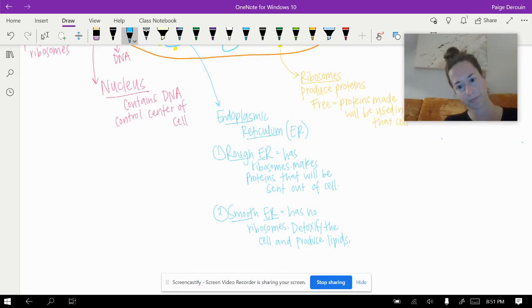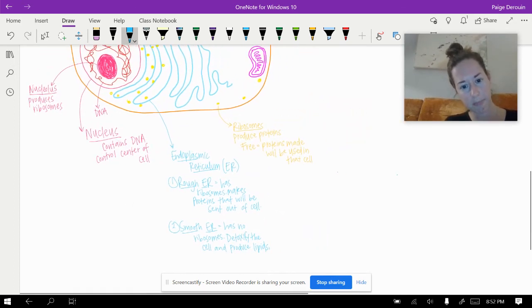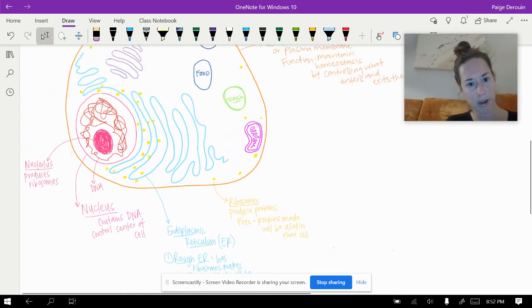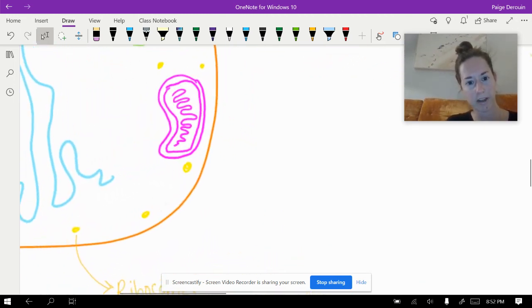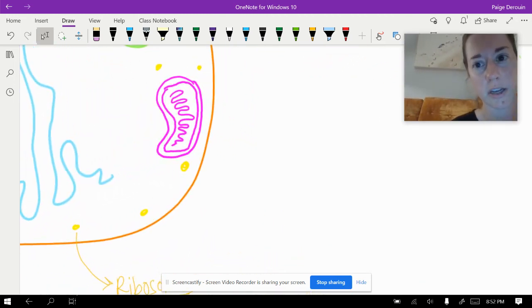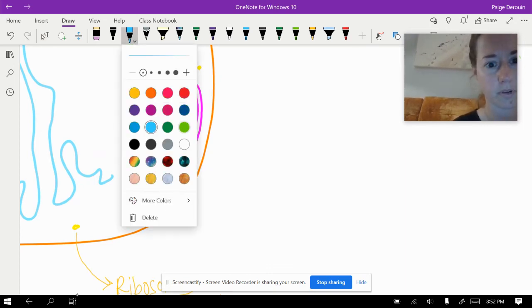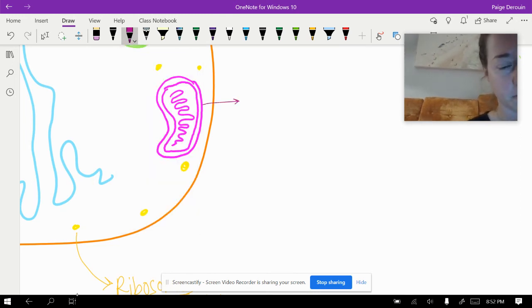Okay, so from here, let's keep moving around and we'll talk about mitochondria. This purple thing right here, the squiggle, is called a mitochondria. It's the one most people remember most often.